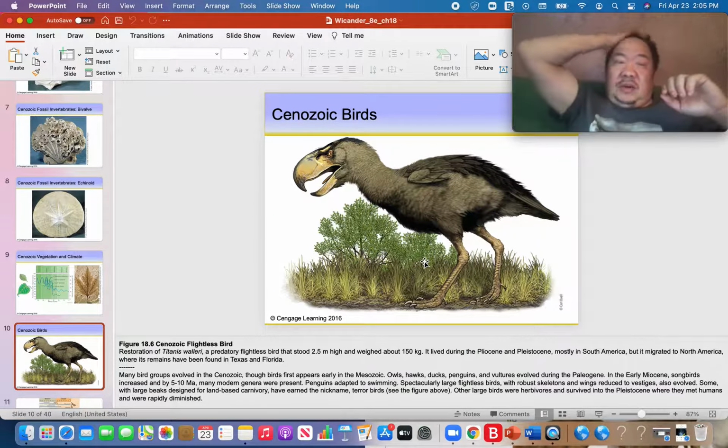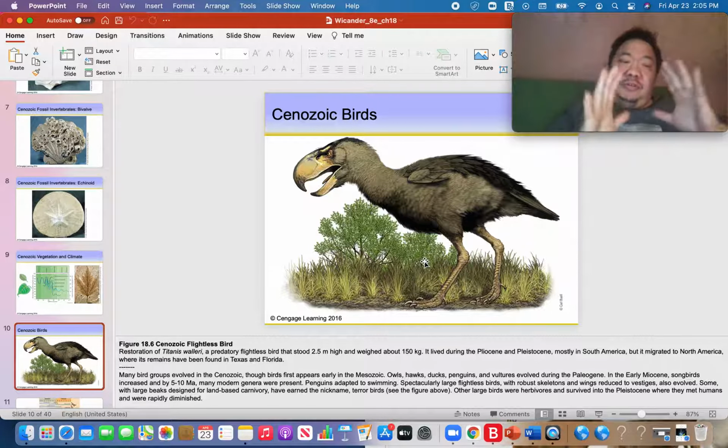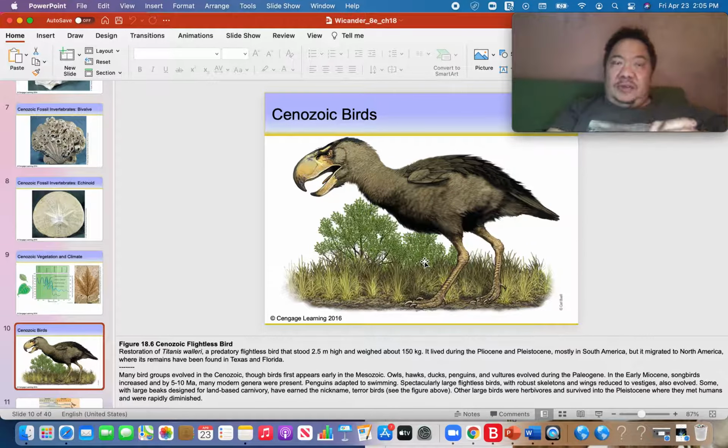Here's something quite interesting for you. So the dinosaurs died out 65 million years ago. That means the big predators were gone, like Tyrannosaurus rex and the other theropod dinosaurs. So there were no big predator mammals during the Mesozoic era.